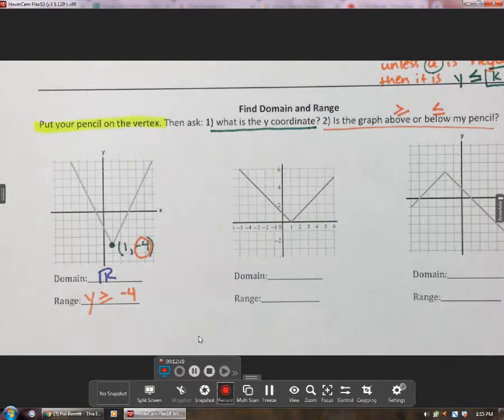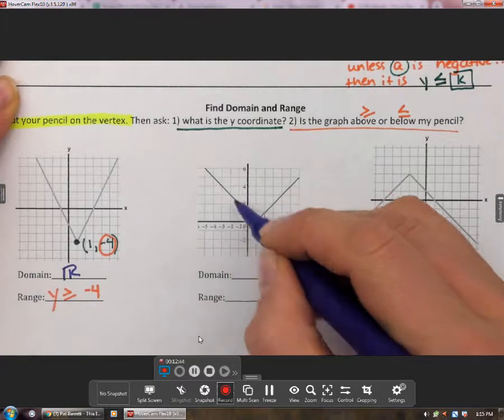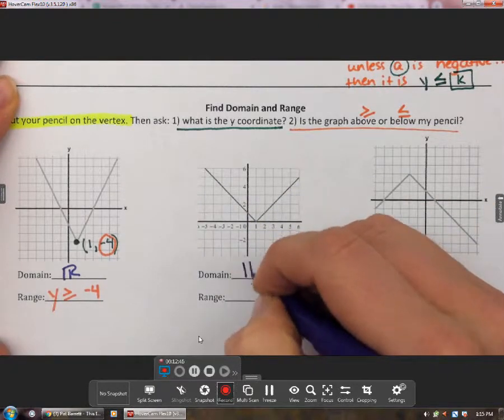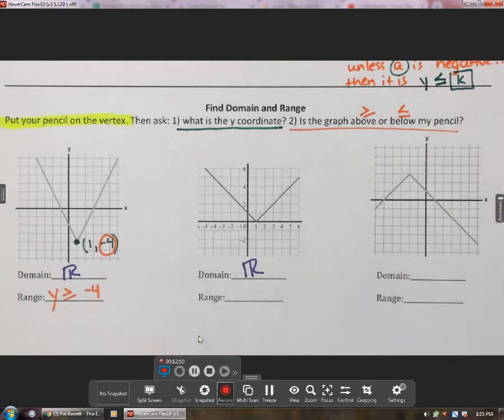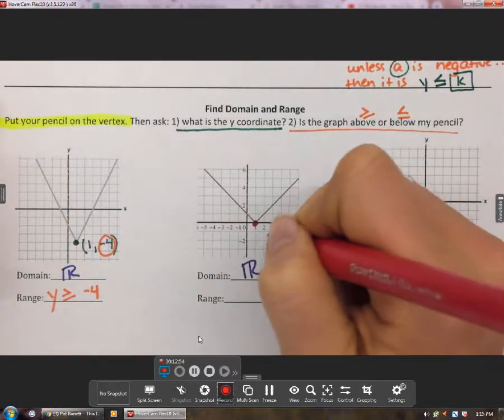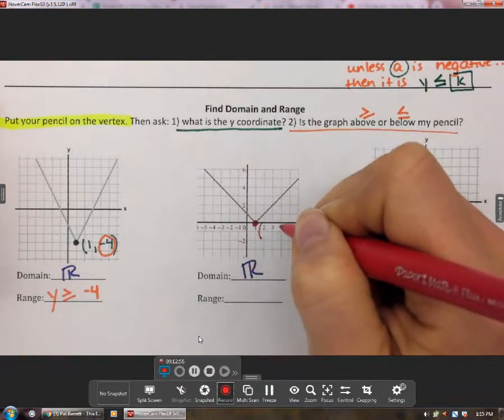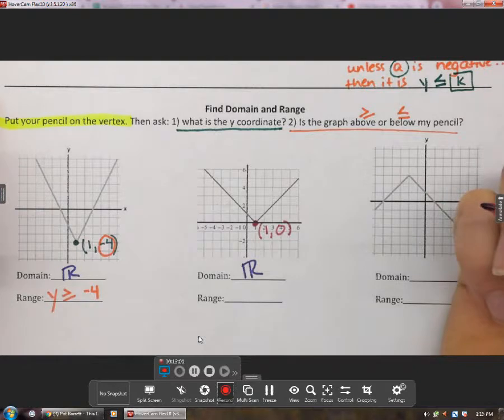Okay, let's try another one. You guys are probably doing awesome. I don't know, I'm not there, but I'm guessing you are. Domain is always all real numbers, so you can plug in anything you want. The range, think about it. Putting your pencil on this point. It's the point 1, comma, 0.